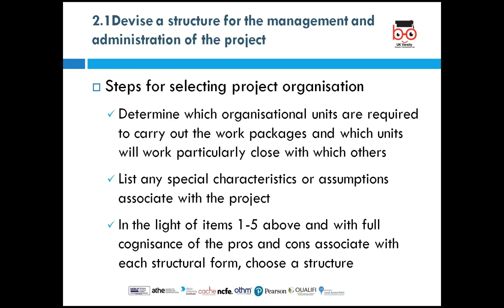Maybe the wife will be the managing director, the man will be the project manager, and the children will be salesmen. It's a small project, right? But if it's a very big project, you're going to choose a very different structure. You might end up having about 10 different line managers and about 20 team managers, each tasked with different aspects of the project, right? Let's go to the next slide.